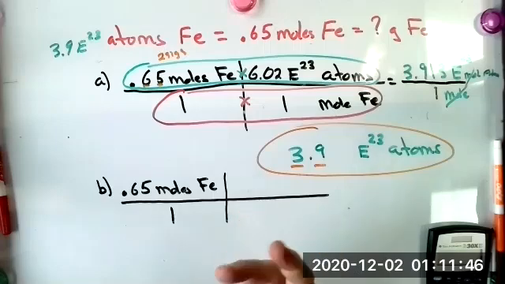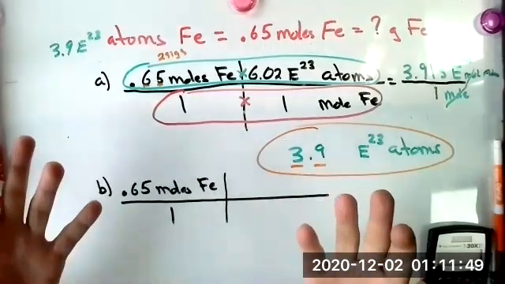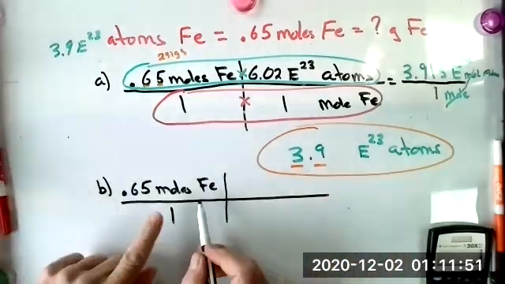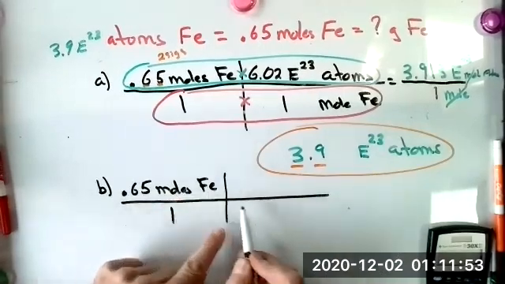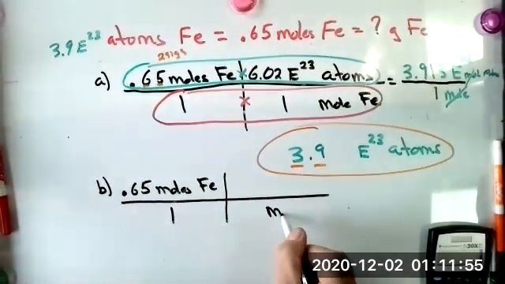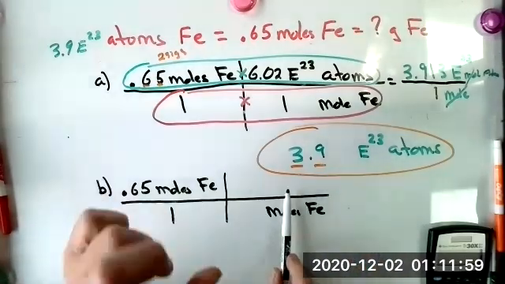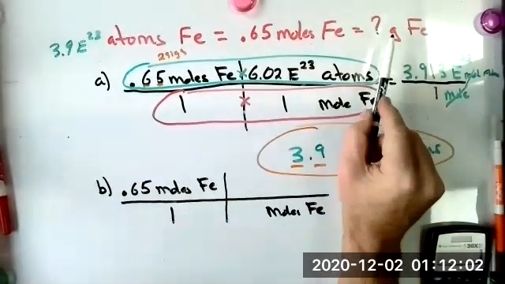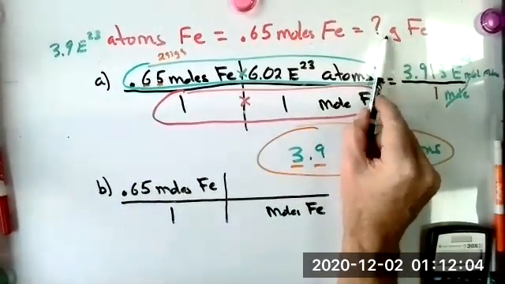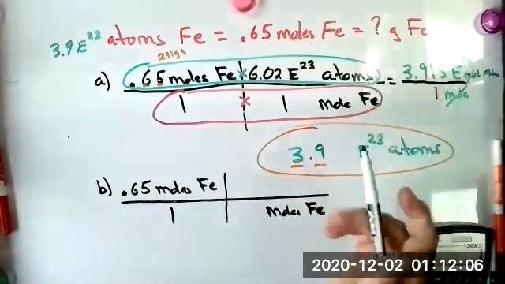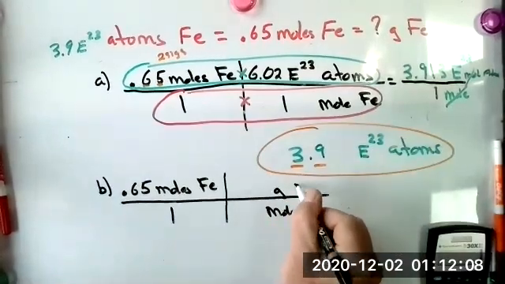Step 2, I like to deal with the units. And why? Because I'm going to copy this down here. Moles Fe. And I told you, what you want goes on top. That's what I want. I want grams of Fe.